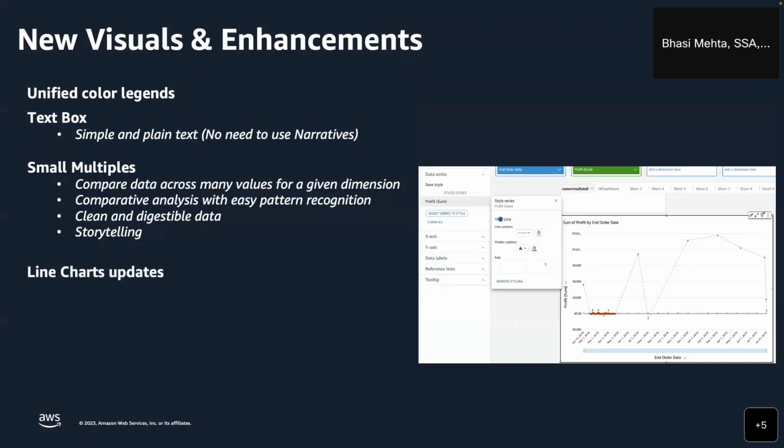We then have line charts in QuickSight. As you expected, you have data for each x-axis item. If the data is missing for any of these x-axis items, it can lead to a broken line. The default behavior is that no line would be drawn connecting all of them. But now with these new updates, you can display a continuous line even though there might be missing data points.